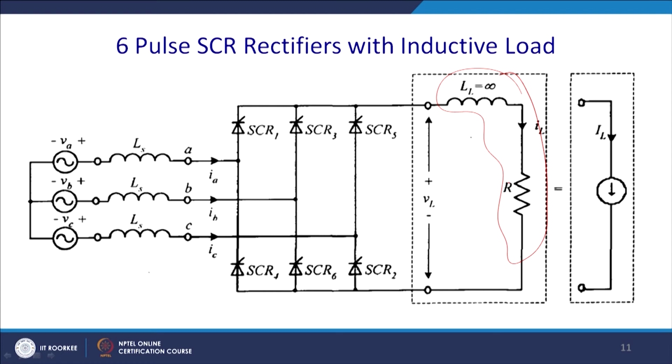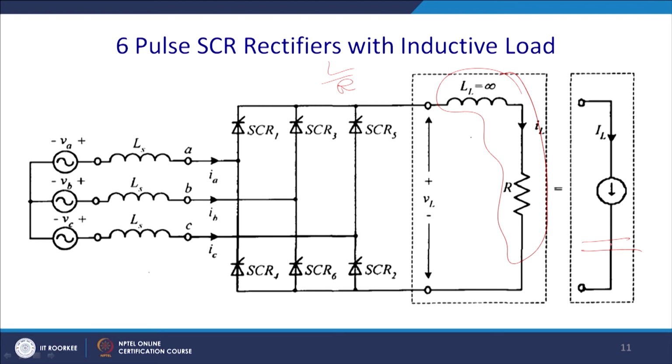But when we say that the L by R ratio is, let us say, 10 times more, 10 millisecond and 100 millisecond, then we can take them, because the drooping will be so less, then we can consider that this entity is essentially a current source.